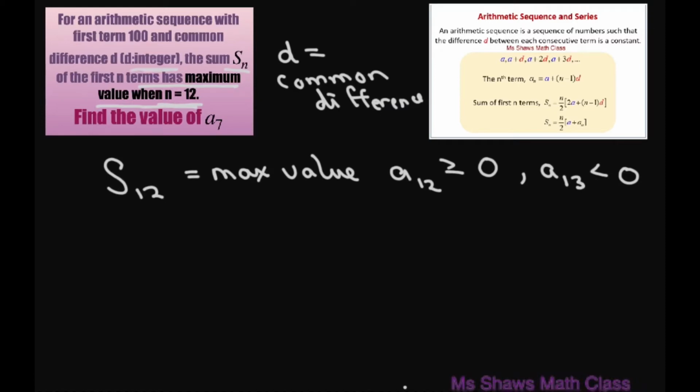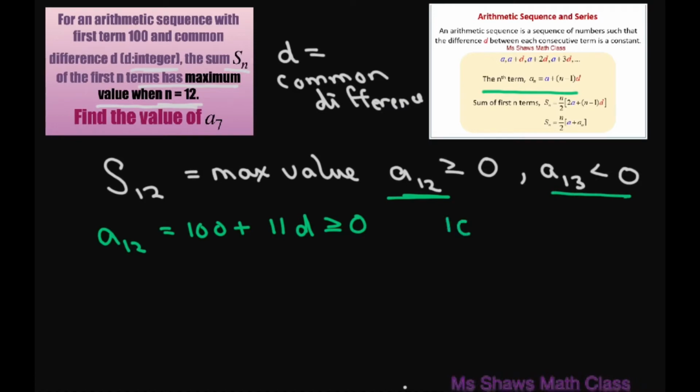So for the 12th term, using this formula here, a sub 12 equals 100 plus 11d, and that has to be positive. And for a sub 13, which equals 100 plus 12d, has to be negative.